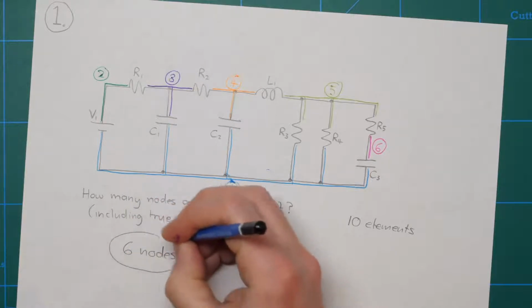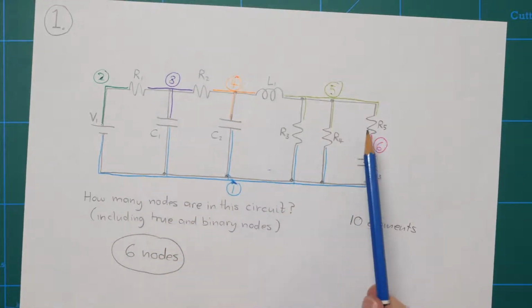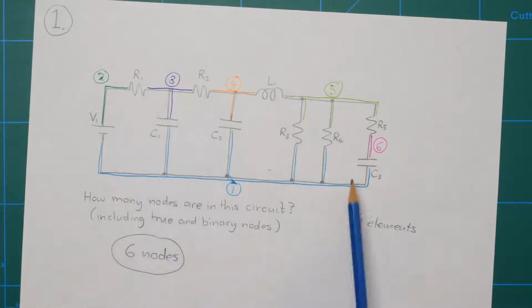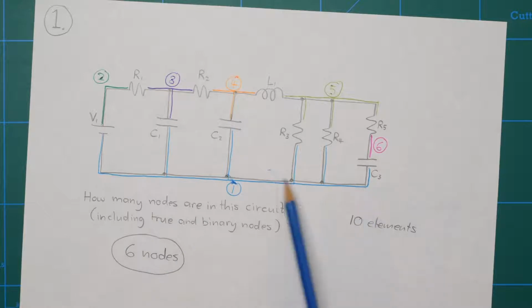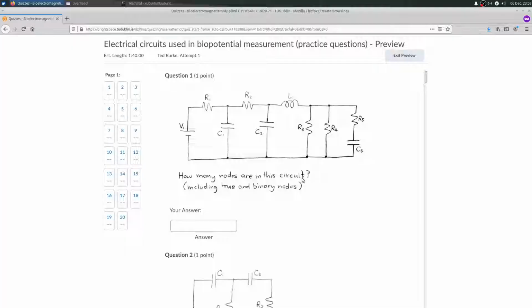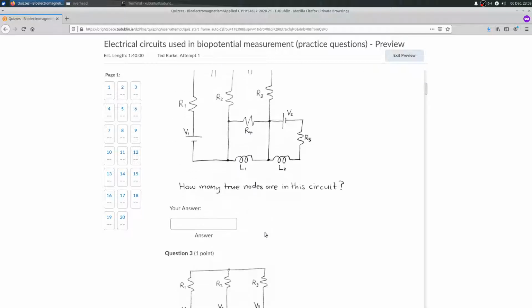So that's including binary and true nodes. So just to recap there was two binary nodes, they were 6 and 2. All the rest are true nodes because 3 or more elements meet at each of the other nodes. Okay, that's question 1. So all you would do here is just type in the number 6 and we can move on to the next question.